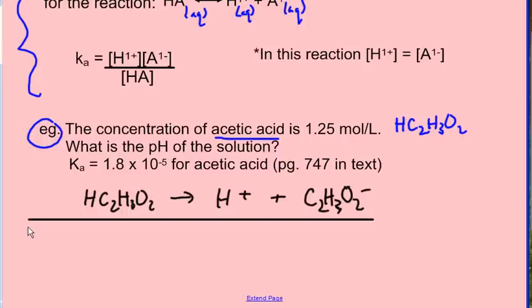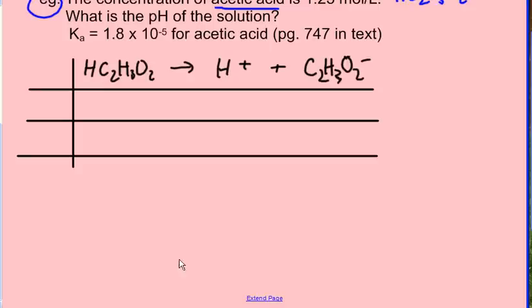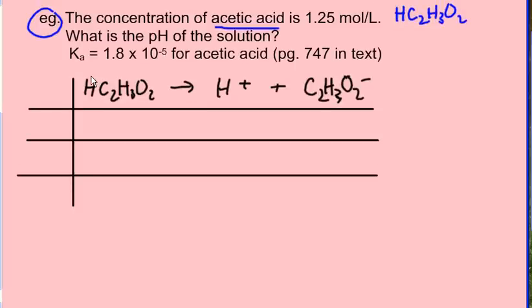Hopefully by now ICE tables are your best friends. So we want to know the concentration of acetate, hydrogen, and acetic acid at equilibrium. The question's asking us the pH, so what we're really interested in is the concentration of H plus at equilibrium.